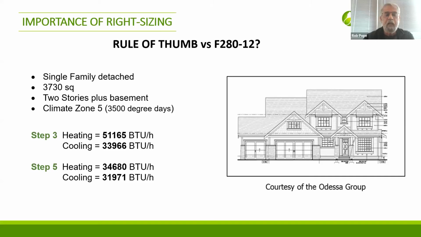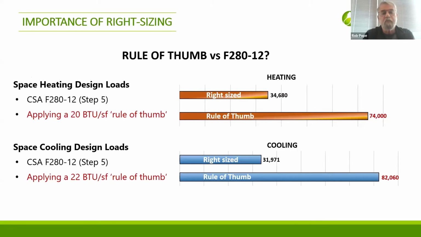Okay, now let's do this with the rule of thumb and compare. So here we go. This step 5 house in Nelson, rule of thumb, 74,000 BTUs for heating. Right size at 34,680. And you can see what the difference is and why that is a big deal using rule of thumb compared to sizing it right.